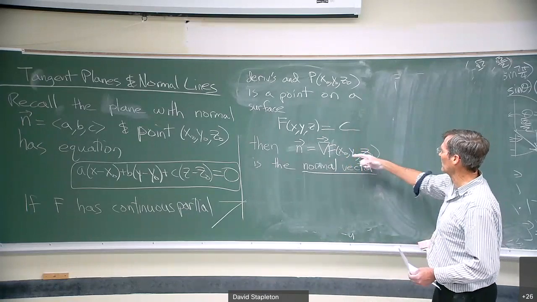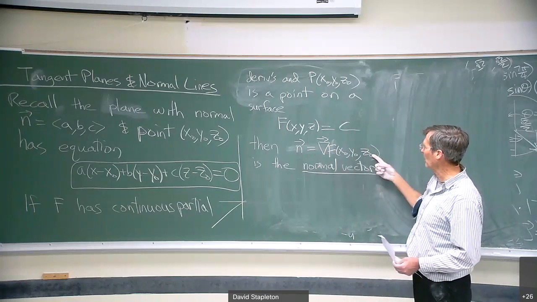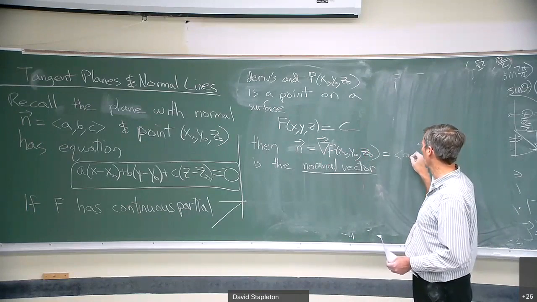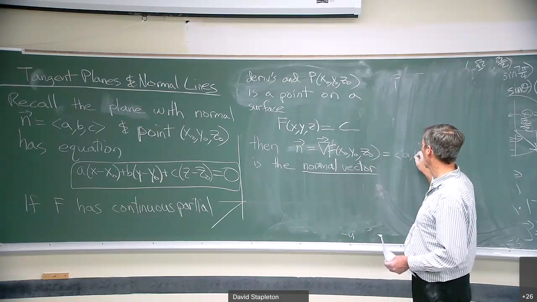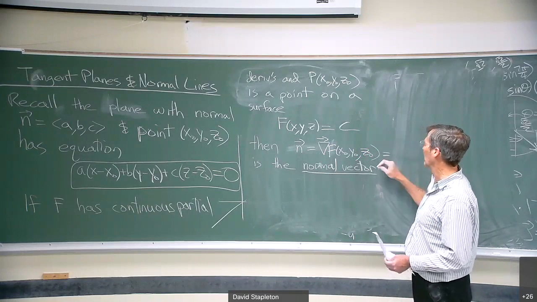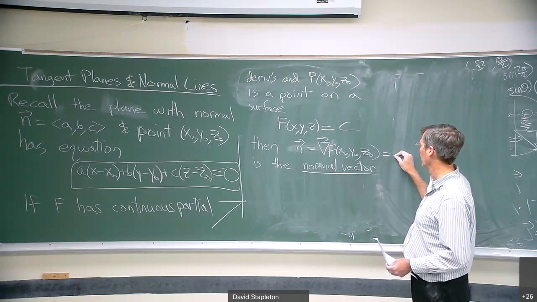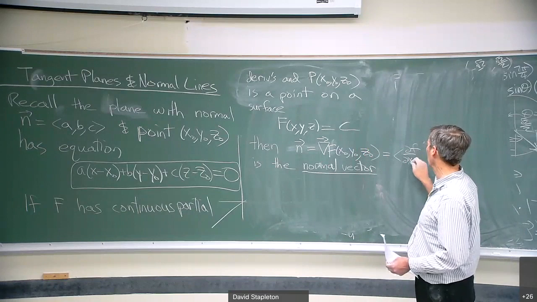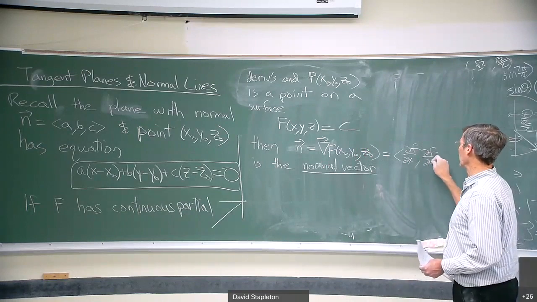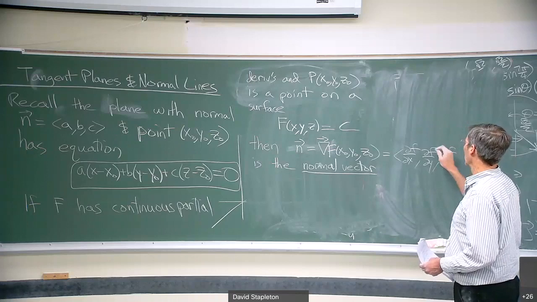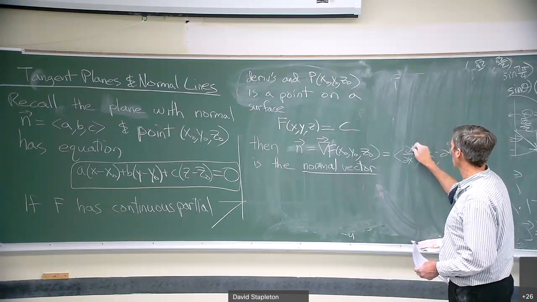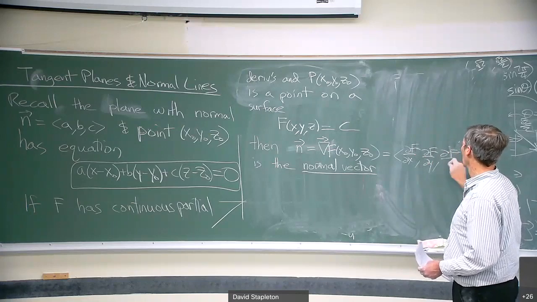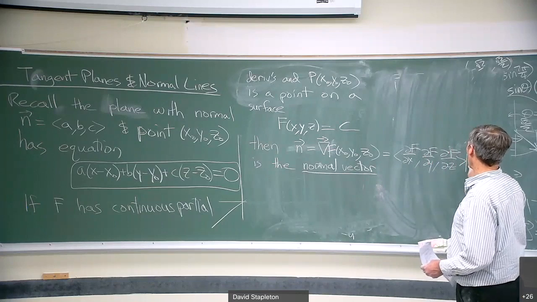Well, you have a vector n and a point. If we say this is a, b, c. But actually, this is the vector df/dx, df/dy, df/dz. That's how the gradient is defined, capital F, all evaluated at the point.